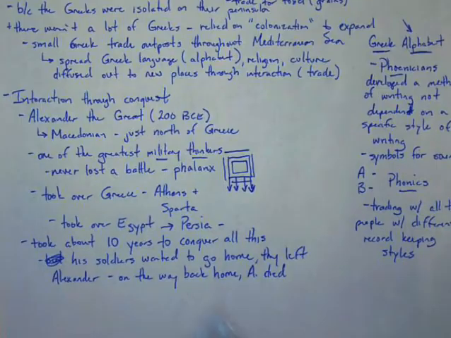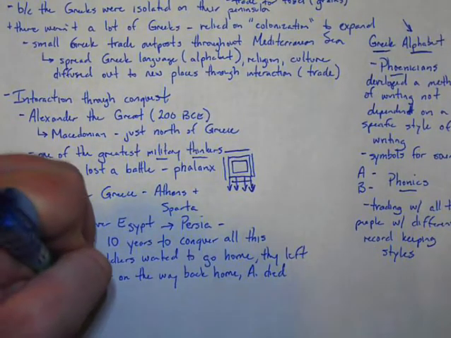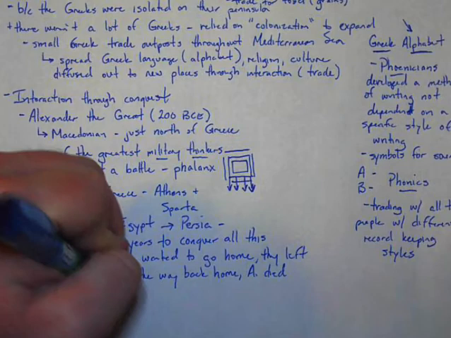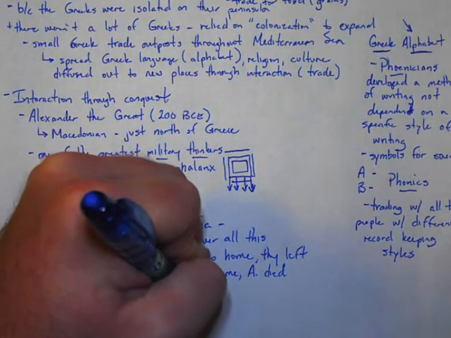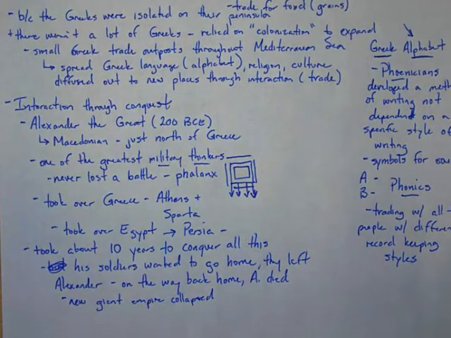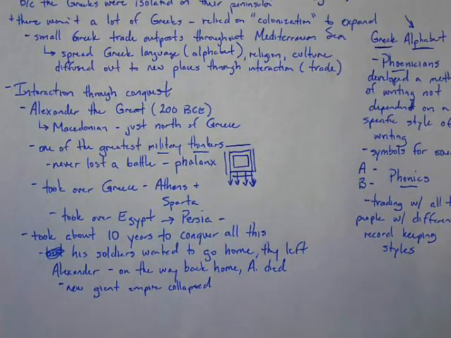And his giant empire, his new giant empire, collapsed without him to be in charge of it. We don't know where Alexander's body ended up, so it's been lost to history. People have been looking for Alexander's tomb. We just don't know where it might be at this point.